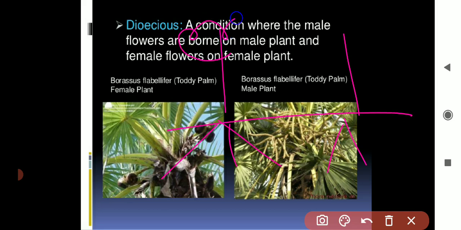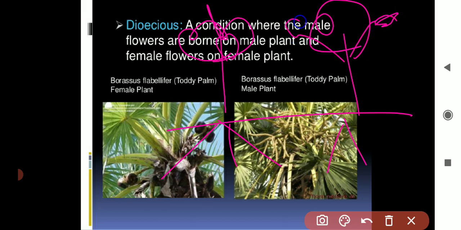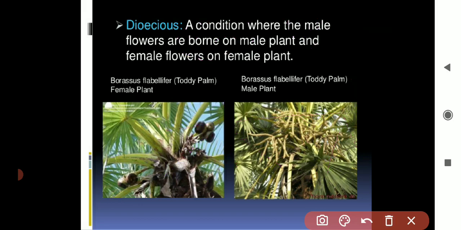This plant has one flower, this plant has another flower. This plant has, let's say, only the gynoecium. This plant has only the androecium. So these are your dioecious plants. It is when the male plant bears only male flowers and a different female plant bears only female flowers.